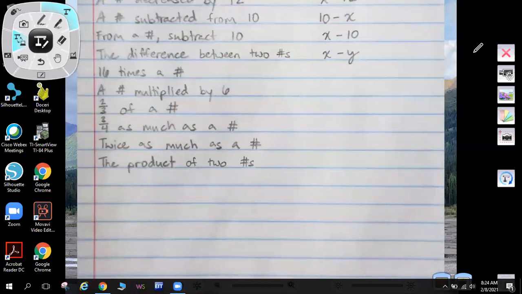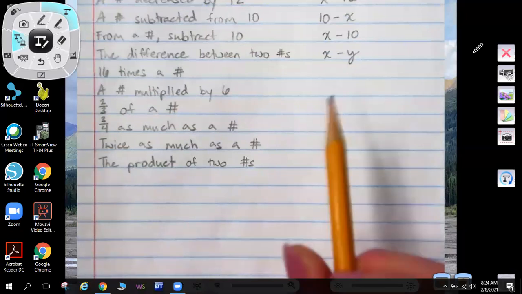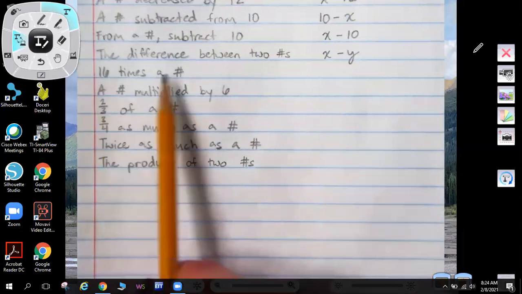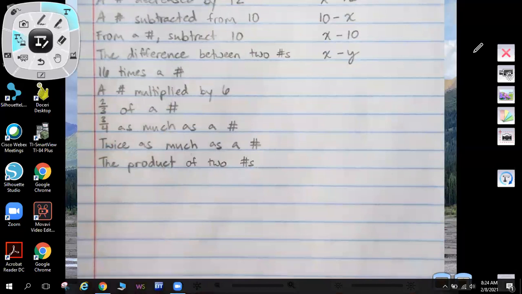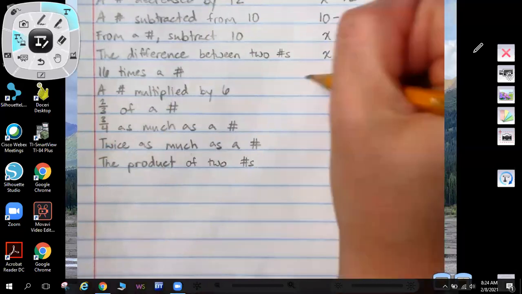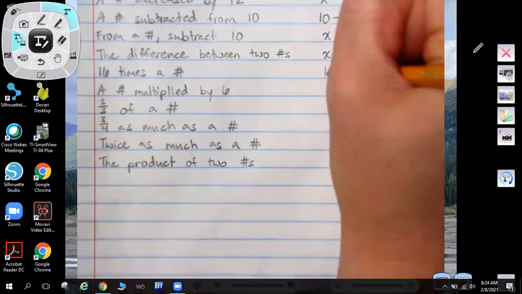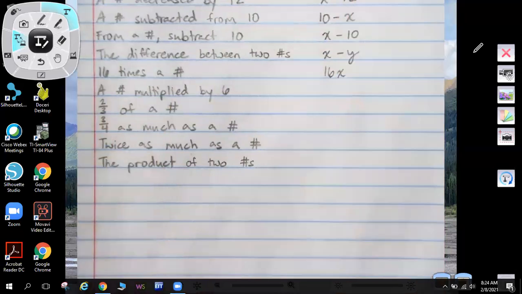Okay, let's go back and write the math expressions for these. 16 times a number. Times, you know, means multiplication. So 16 times x, we would write as 16x. A number multiplied by 6.